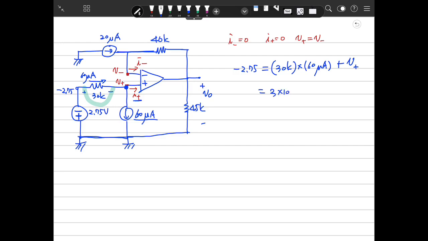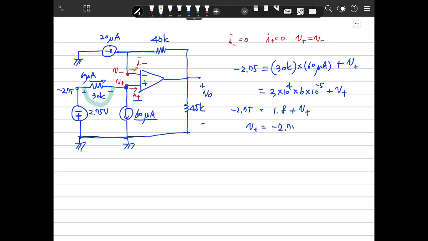So that is 3 multiplied by 3, and 10 to the power 6, and 3 plus that value, that is 1.8 plus V plus equals minus 2.75.